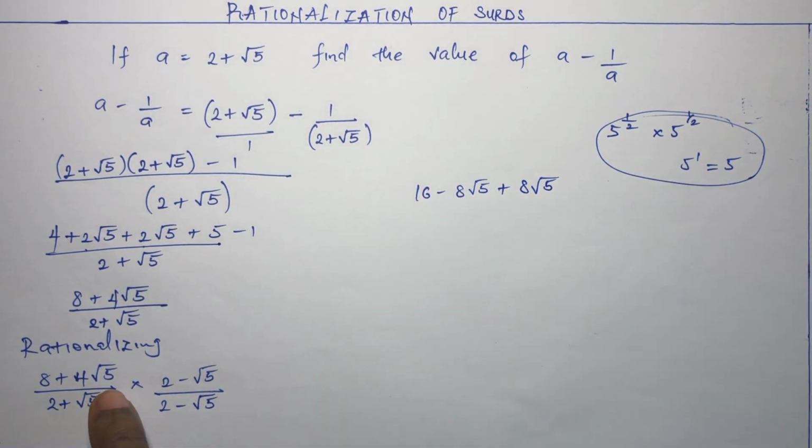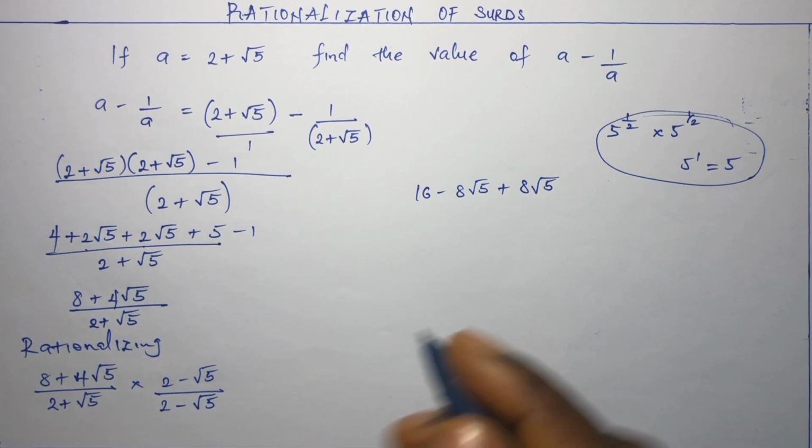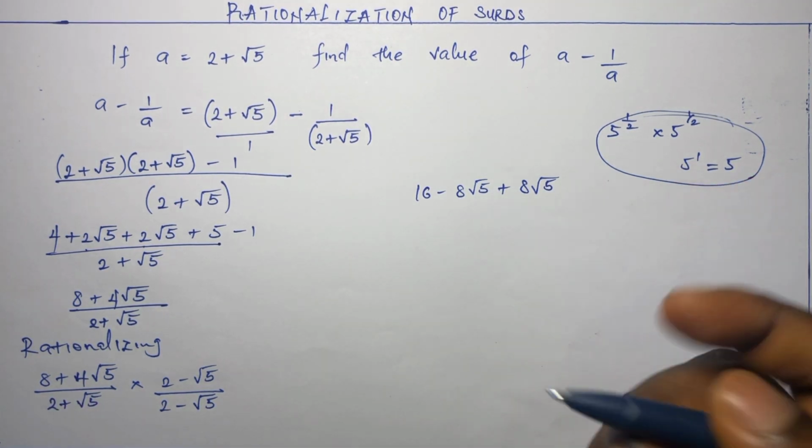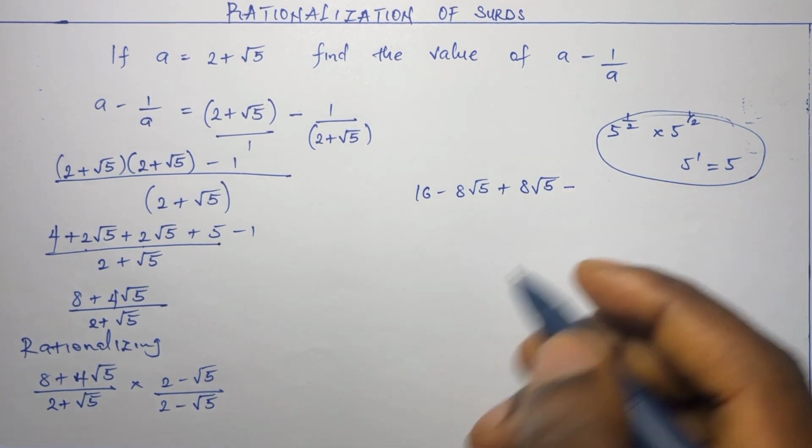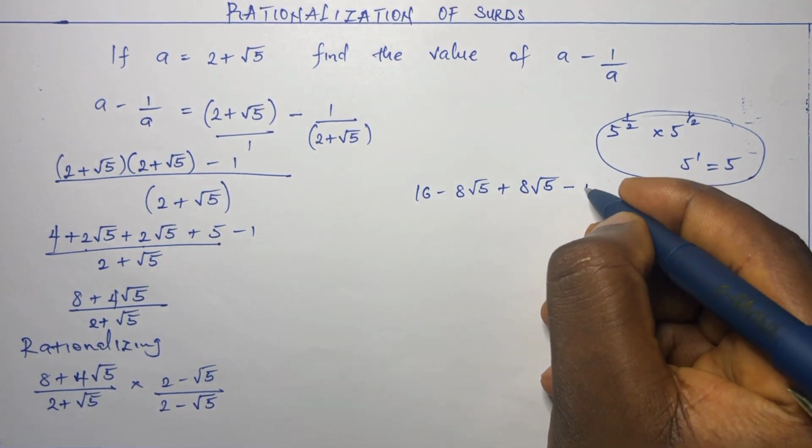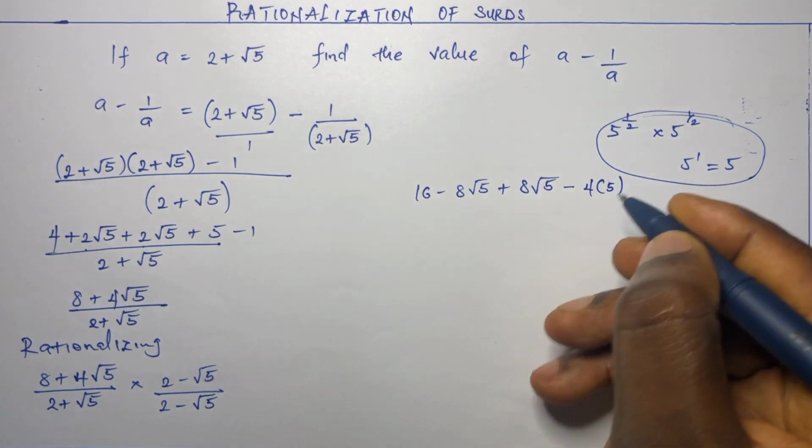And then 4 root 5 times minus root 5, the root will cancel out, and we are left with 4 times 5. Just like what I explained here. So we have minus 4 times 5 because of the minus sign.